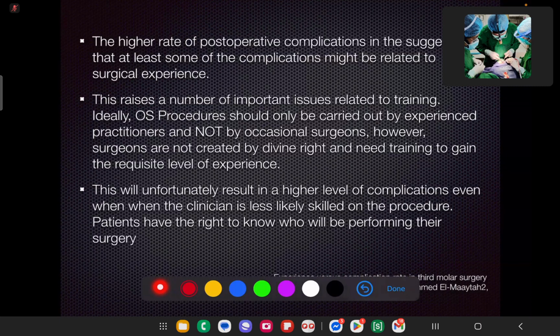That's why they say you have to train yourself more. If you don't train yourself more, if you don't study on a higher level, complications are brought about by less skilled procedures. So if you are not capable of doing the surgeries, might as well not.